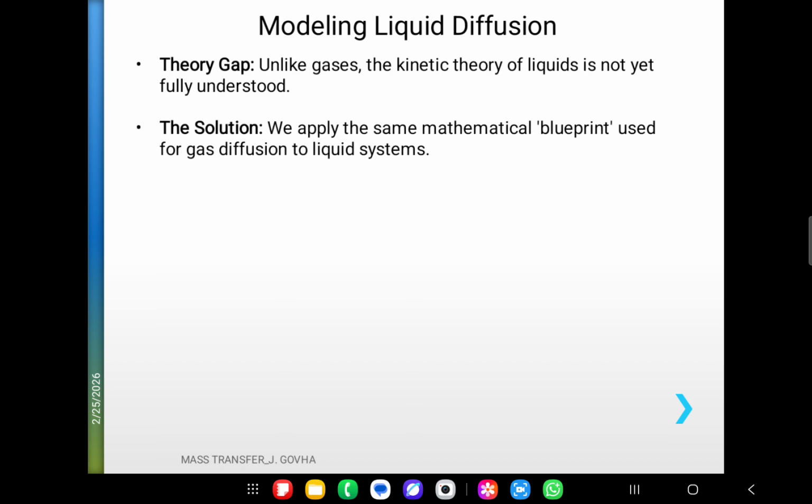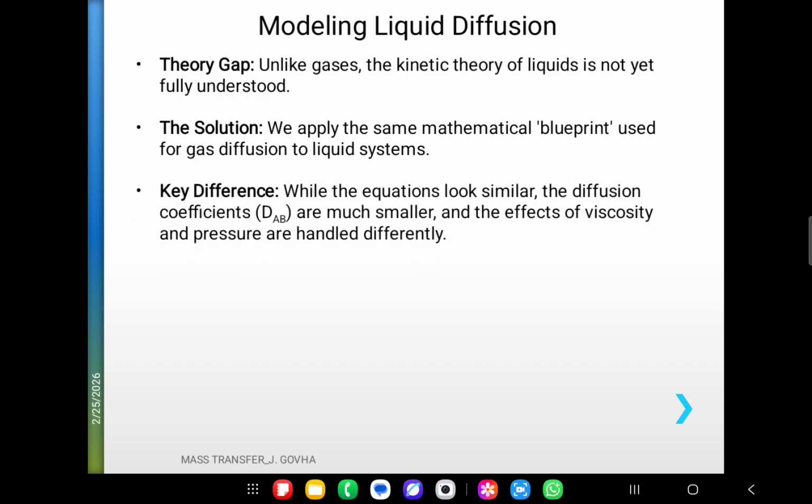Then it means we would approximate the mathematical blueprint that was used in gases for our liquid. But then there are key differences. One of them is that your diffusivity is much slower, and the effects of viscosity and pressure would also be handled differently.